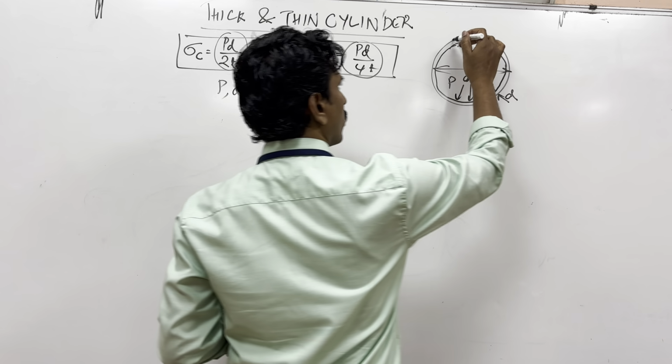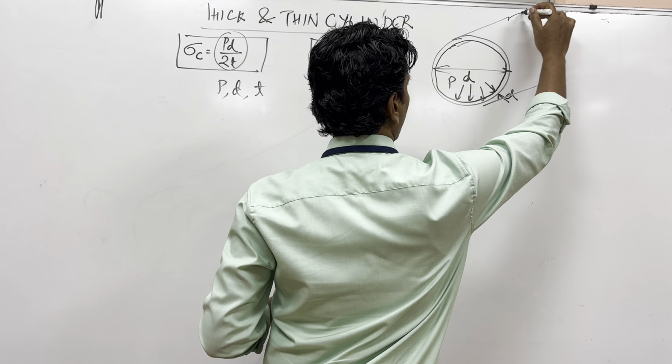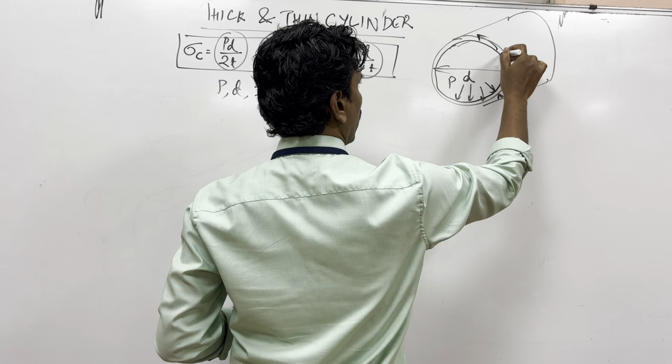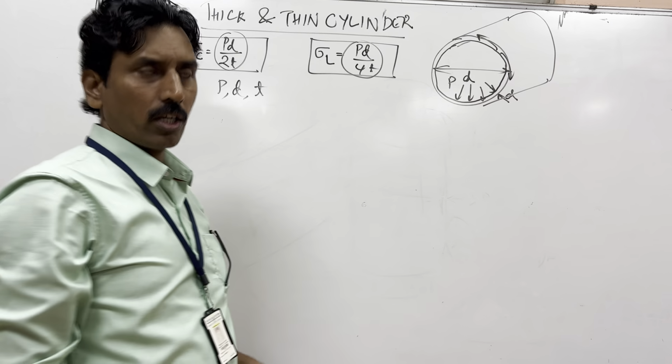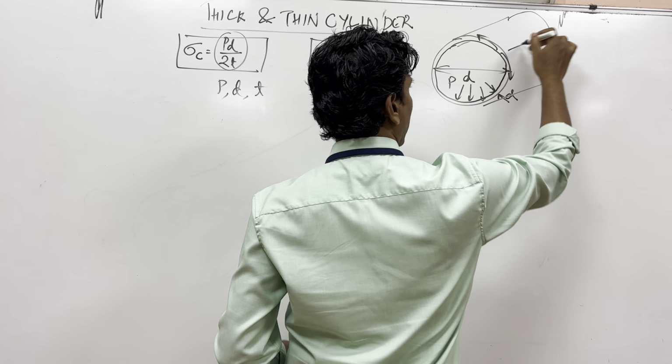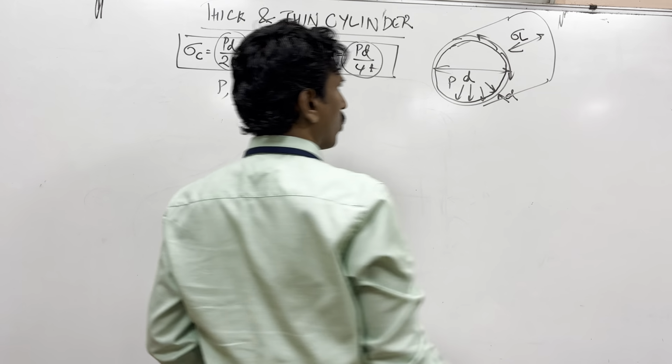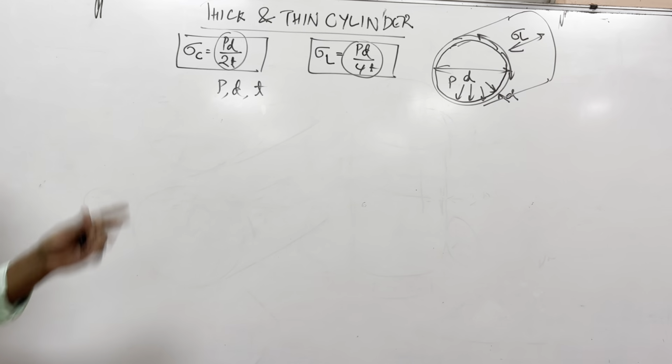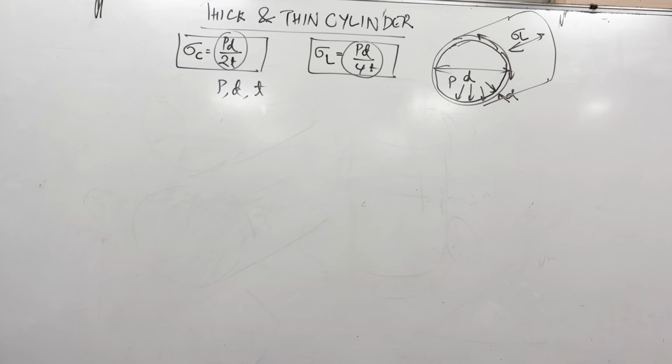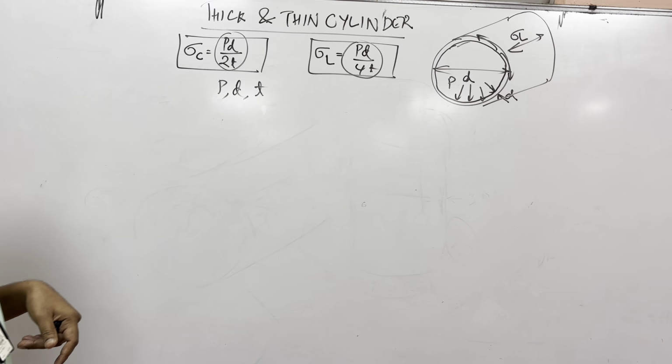So how much is the circumferential stress? There will be a stress which tries to increase the circumference. There will be a stress which tries to increase its length, which is called sigma L. We need to derive this in terms of the pressure inside, the diameter and the thickness.